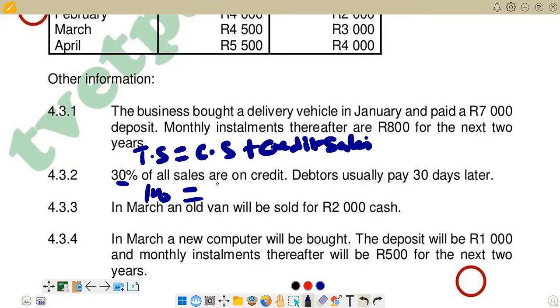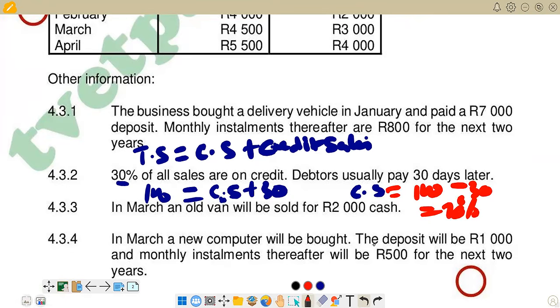Our cash sales figure is the one that is not given. We are given credit sales as 30%. So to find the figure for cash sales, you can make cash sales the subject of the formula: cash sales equals 100 minus 30, which is equal to 70%. So it means 70% represents our cash sales.